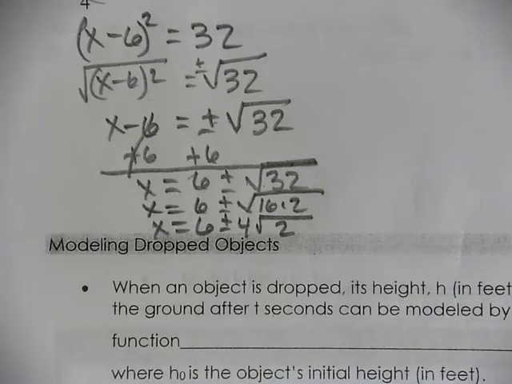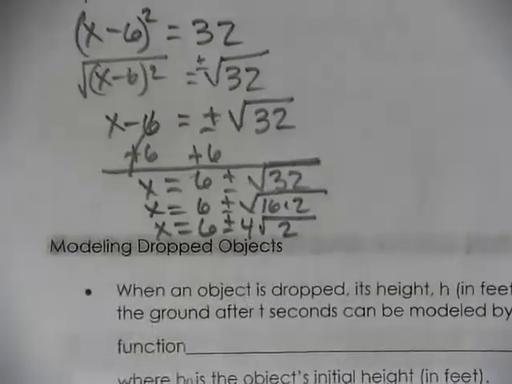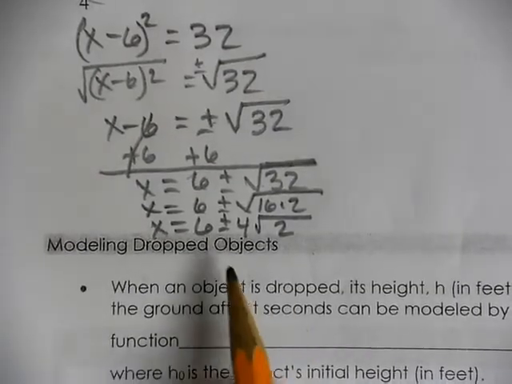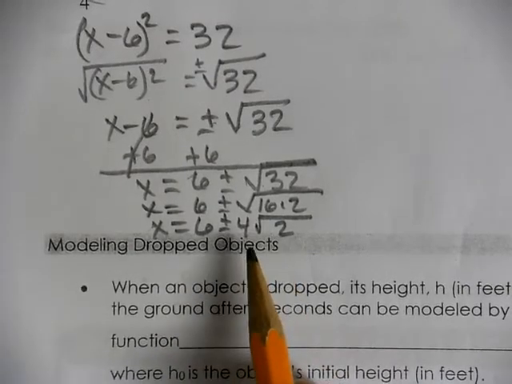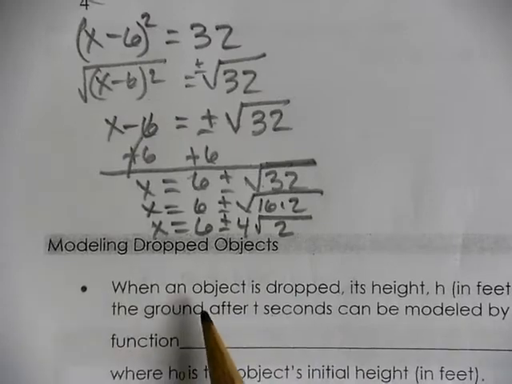That is not 10 root 2. That definitely isn't 2 root 2. You cannot do 6 plus 4. You got to keep them separate. So that's our two answers. 6 plus 4 root 2 and 6 minus 4 root 2.